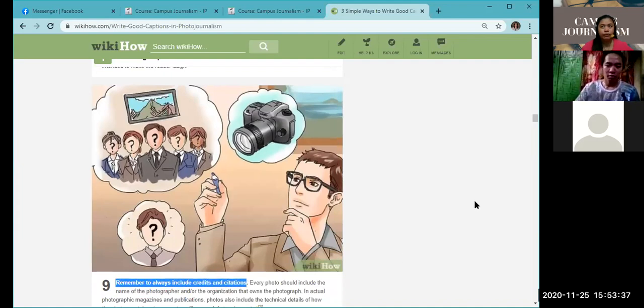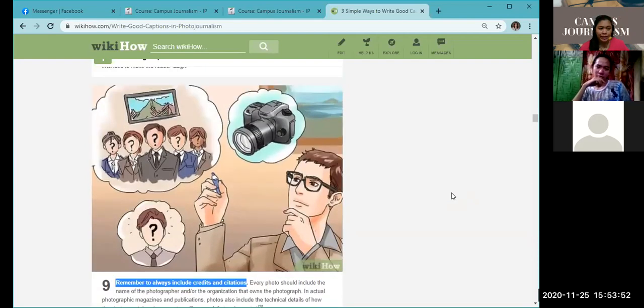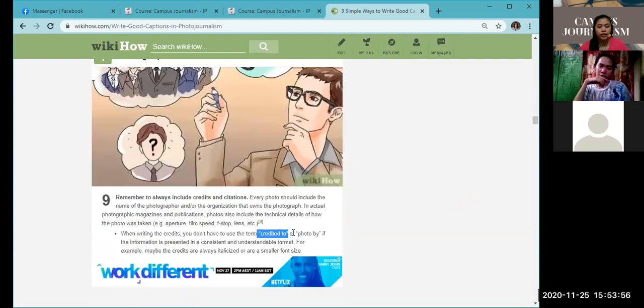And then remember to always include credits and citations. So if for example kanang gikuha nga wala ka kaila sa photographer ba? Credits to the photographer or something like that. Okay, or try as much as possible to credit who has taken the photo using credited to or photo by, something like that.